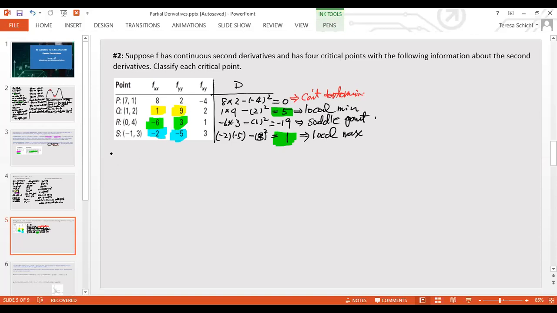Okay, so now let's do a quick review of calculus 1. How do we find the absolute max and min here?